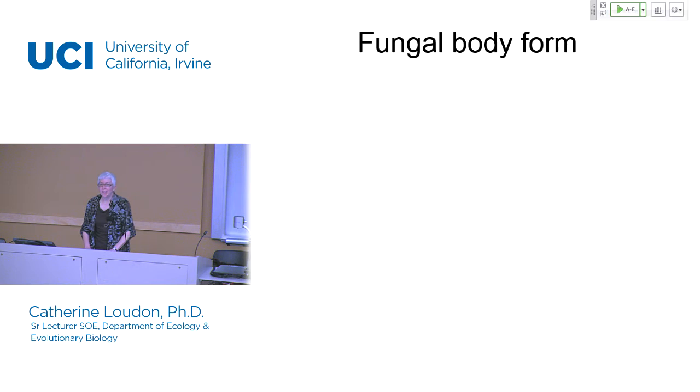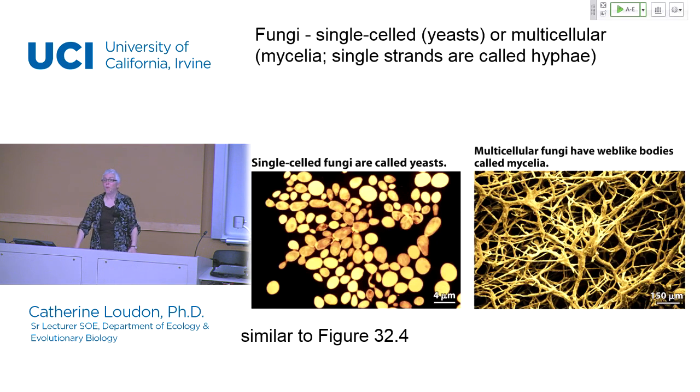Let's go ahead now and consider the parts of a fungus, the fungal body form. And this is actually really straightforward. They have really simple body forms, which makes it very easy to learn about the basic anatomy of fungi. So this is not figure 32 from your textbook, but it's very similar. Many fungi only occur in the very simple form shown here on the left, just single cells.